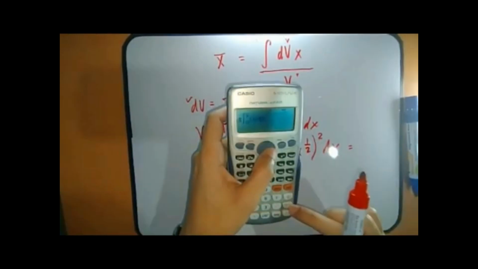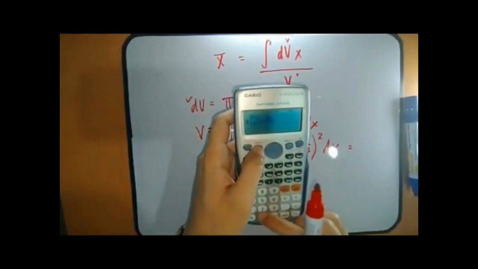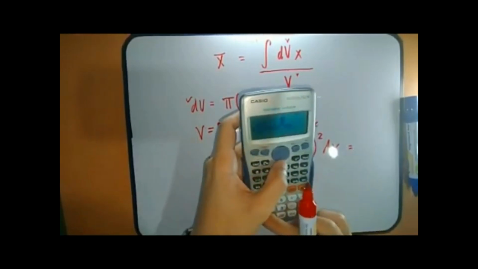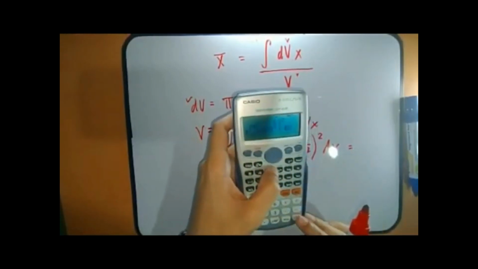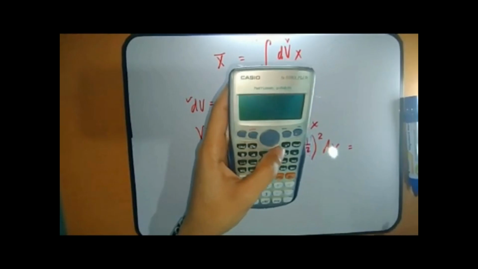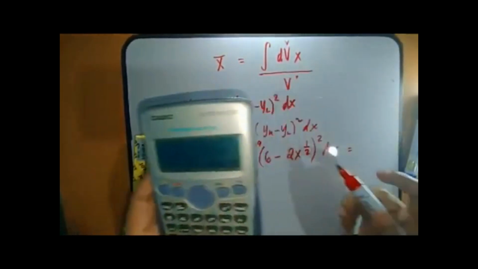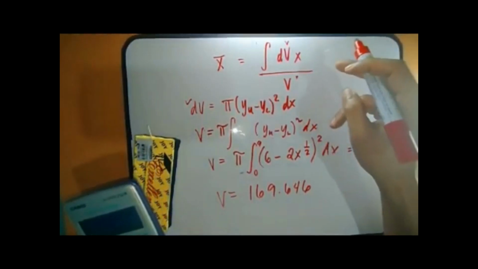You have here 6 minus, so 2 alpha x raised to 1/2 squared. So, we have here equals, so yung volume natin guys, that is equal to 169.646. So, then proceed na tayo dun sa centroid.